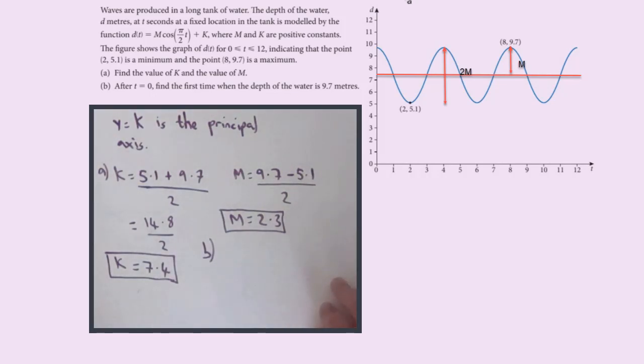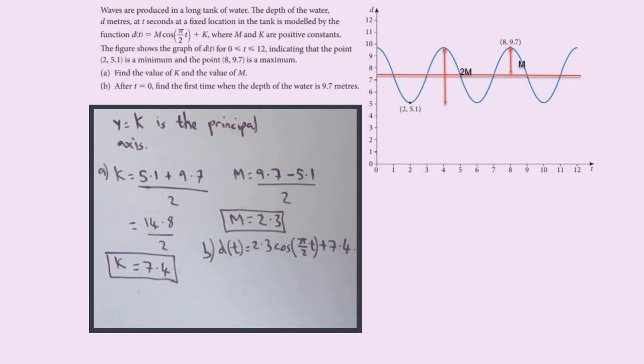So now if I write down the actual function, d(t) equals 2.3 cos(pi by 2 t) plus 7.4. And actually I probably don't need that for this. It says, after t equals 0, find the first time when the depth of water is 9.7 meters.